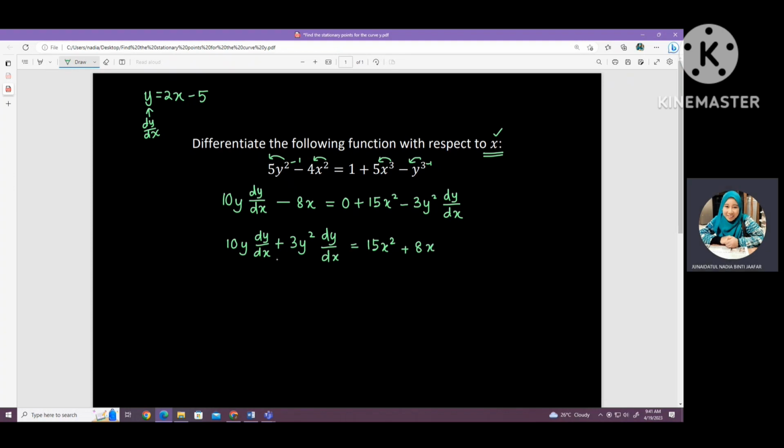And then for the left side, we can factorize dy/dx, since we have dy/dx in both terms.